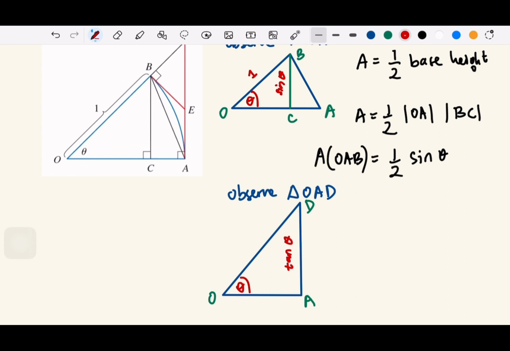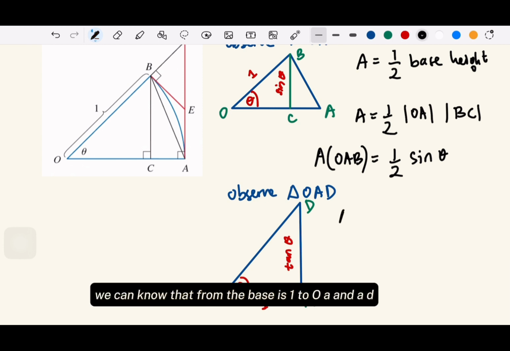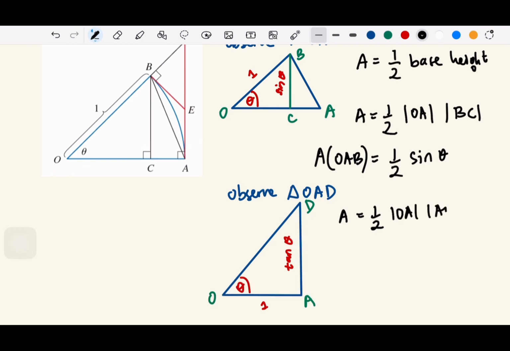OA is 1. Again, for the area, the base is 1, so OA and AD. So the area of OAD is half tangent theta.